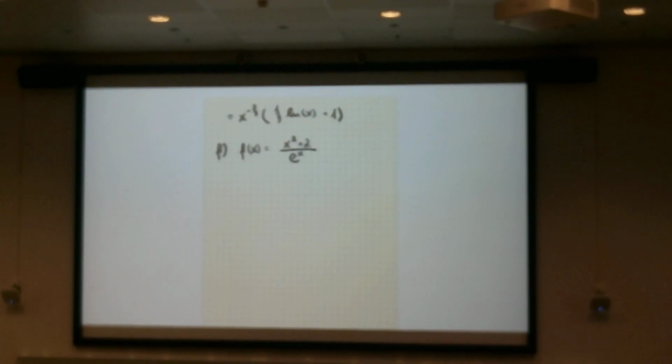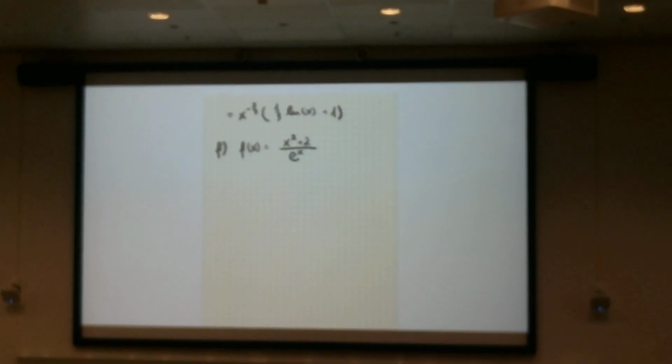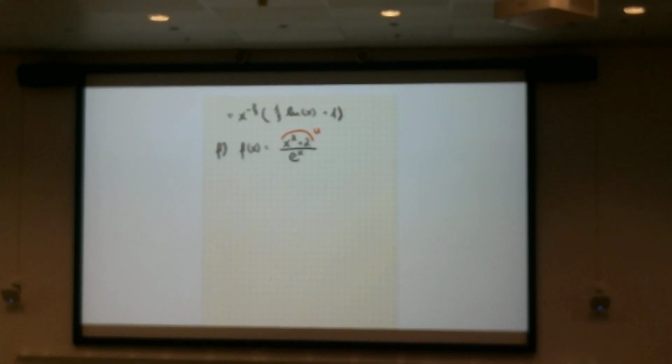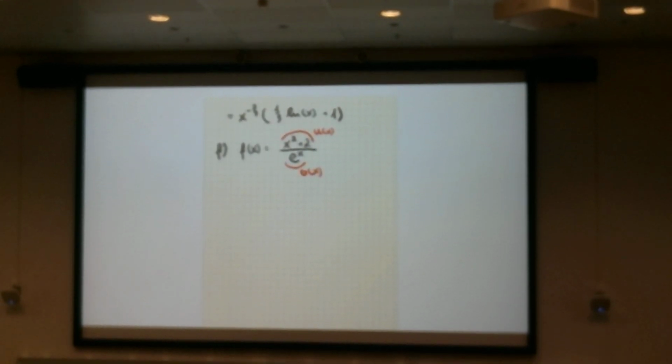Well, so very clearly, here we have a ratio of two functions. So we can call this one u of x, we can call this one v of x. Just to keep track how the rule was written first.